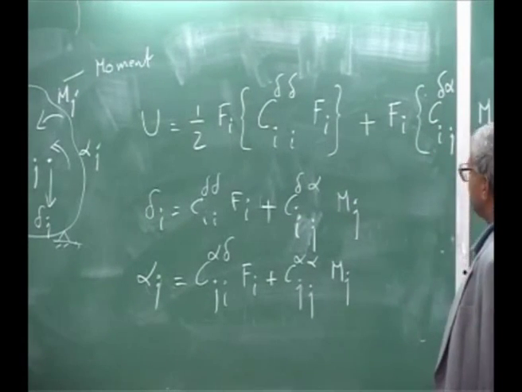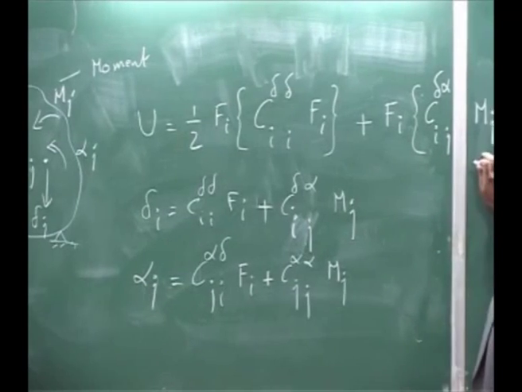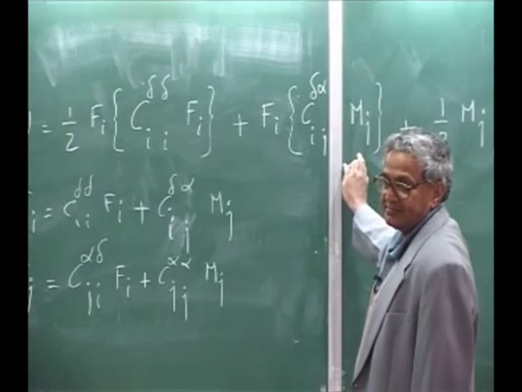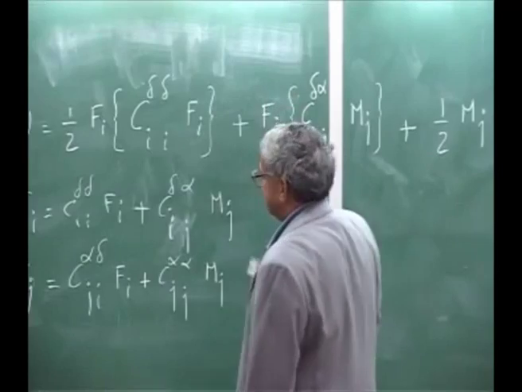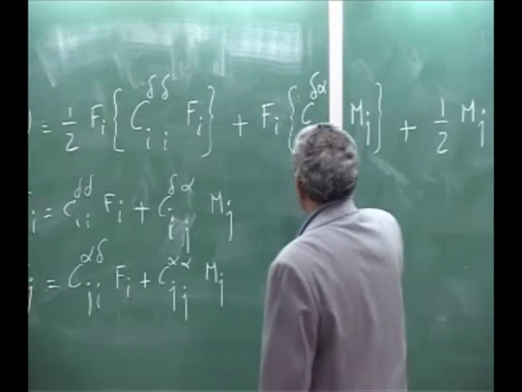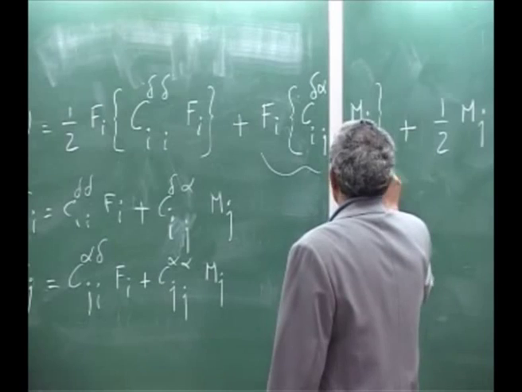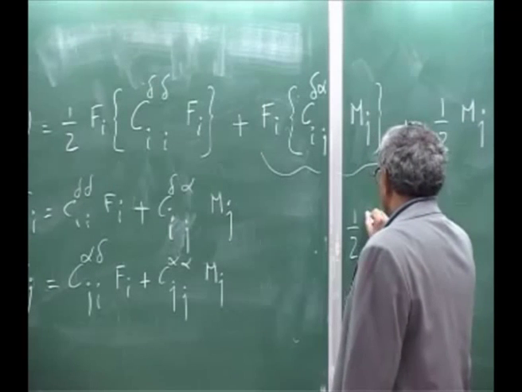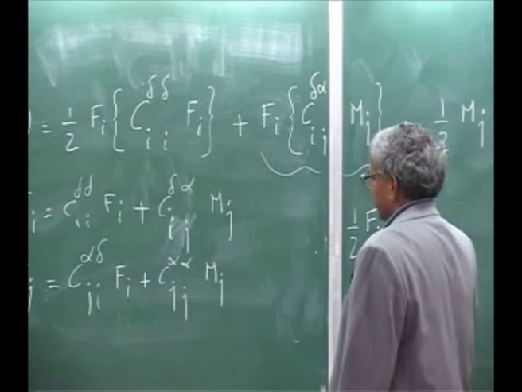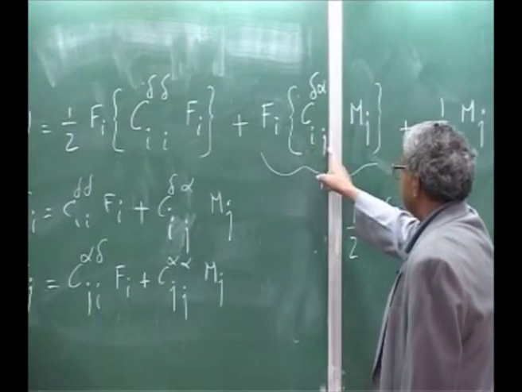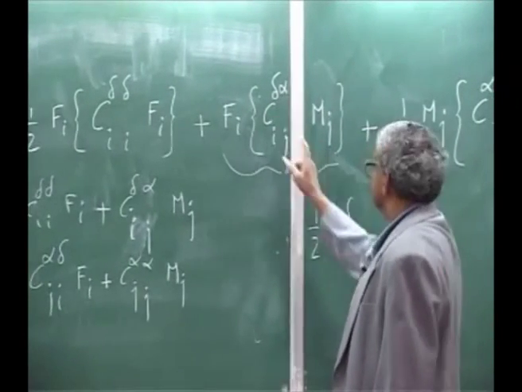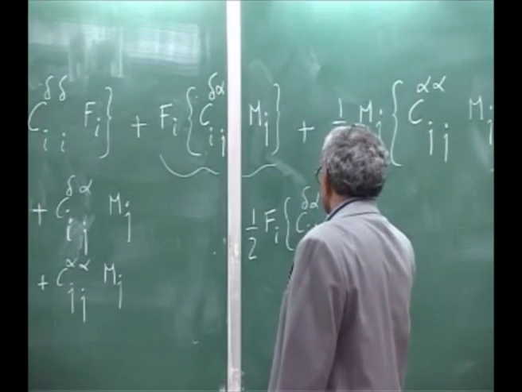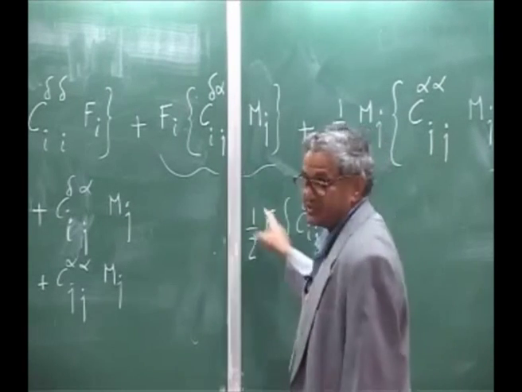Now what you do is, this expression you split it into two parts. You write it as half Fi Cij delta alpha Mj. This is the first.